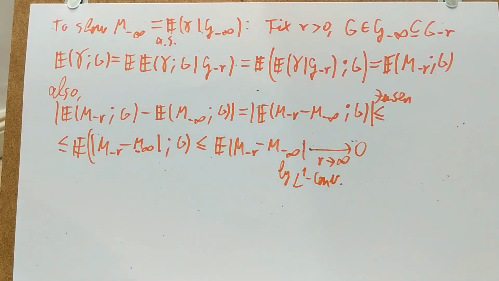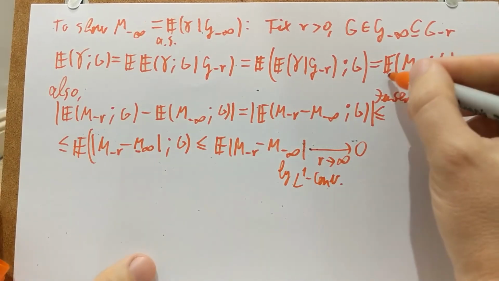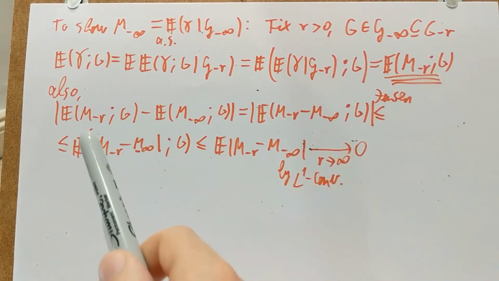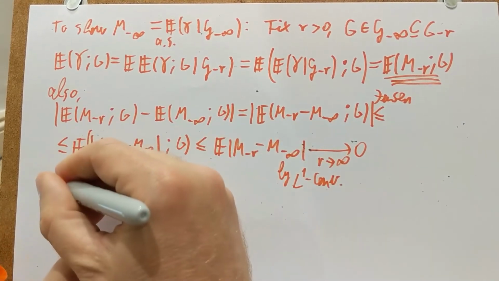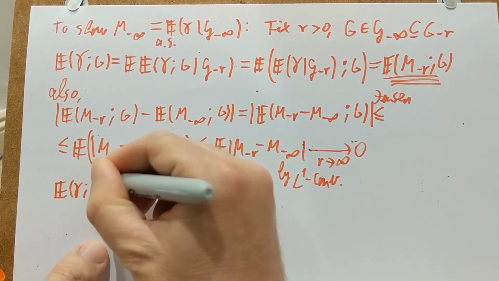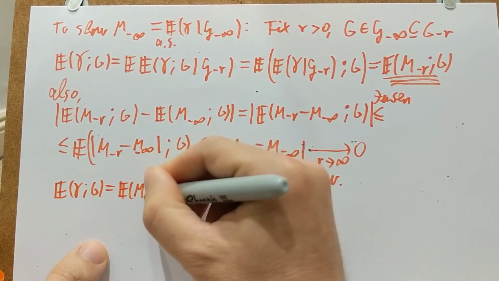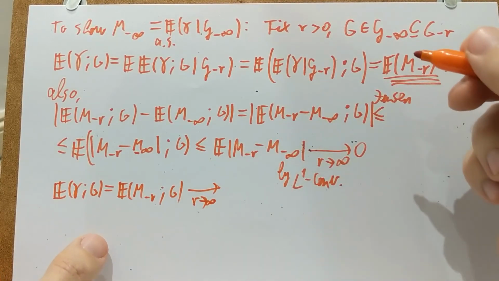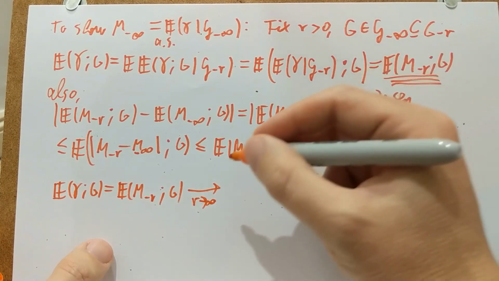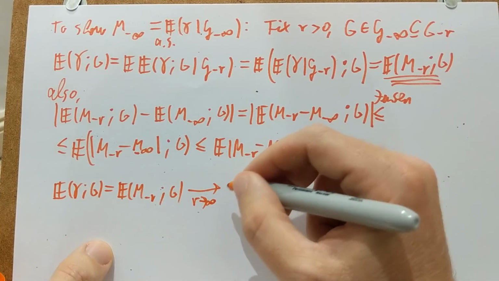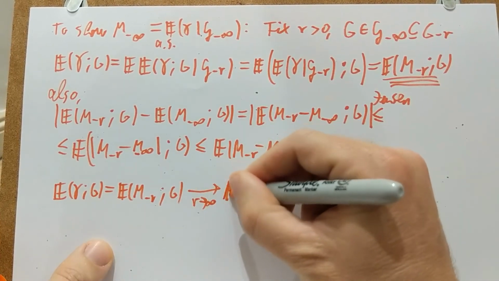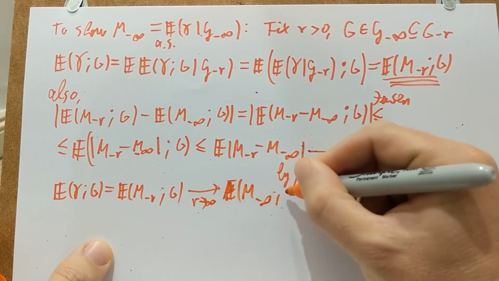Okay, and that shows that this thing here converges to the expectation of M_{-∞} on G. So the expectation of gamma on G was equal to the expectation of M_{-r} on G, which converges as r goes to infinity, almost surely, well, in L1, let's say L1, to the expectation of M_{-∞} on G.